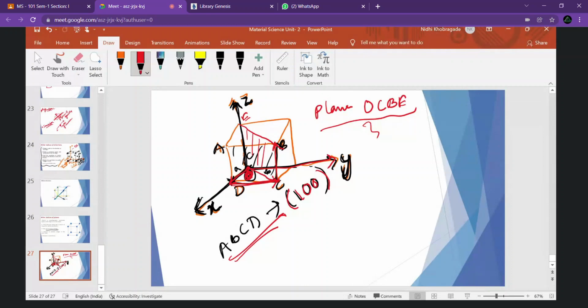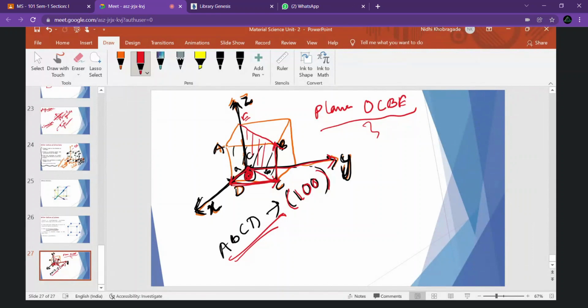Why? Because here the origin is not lying on the plane, while if we consider OCBE as our plane, the origin is coming on this plane. So for this we have to choose a different position.